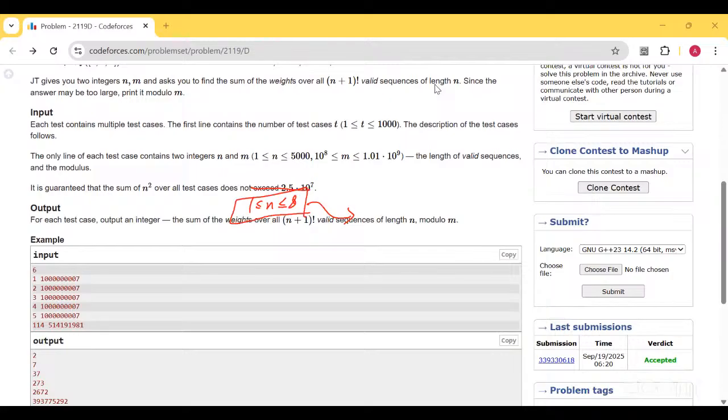Okay, how to do that? Yes, check all valid sequences. Of course.